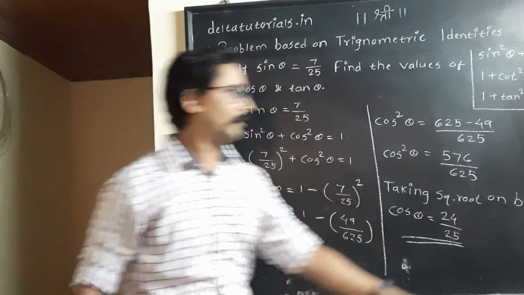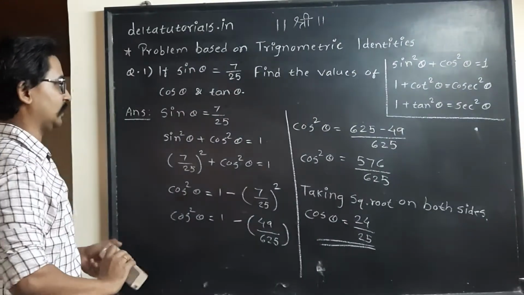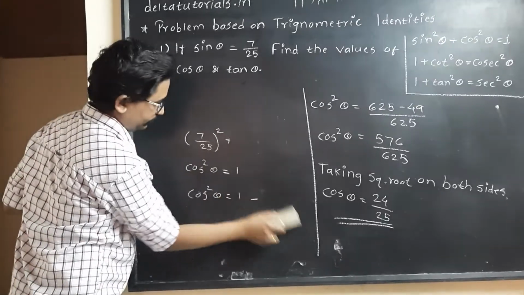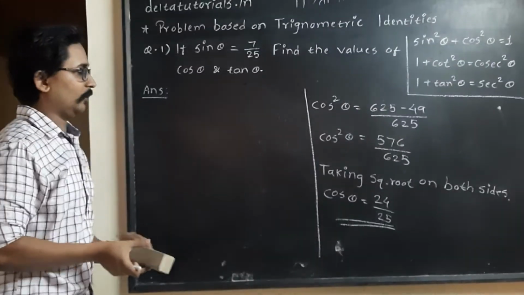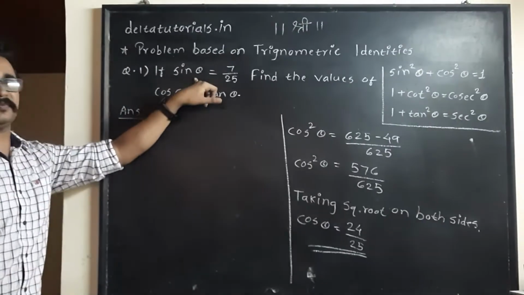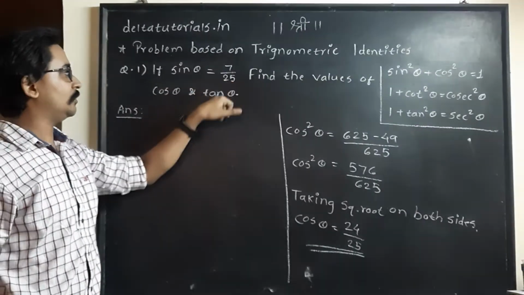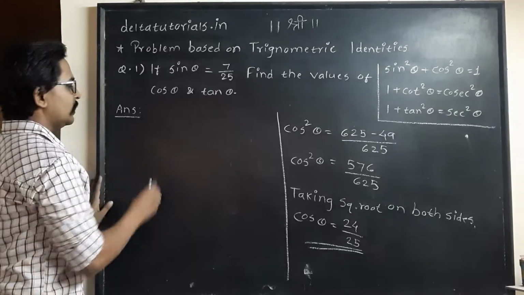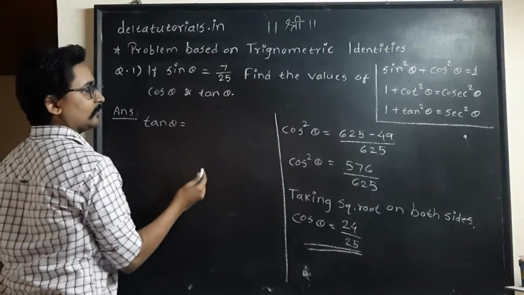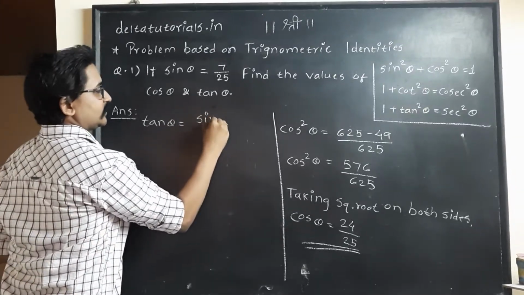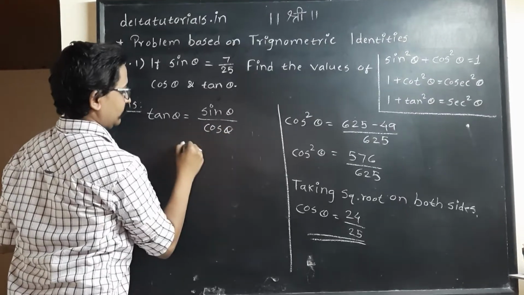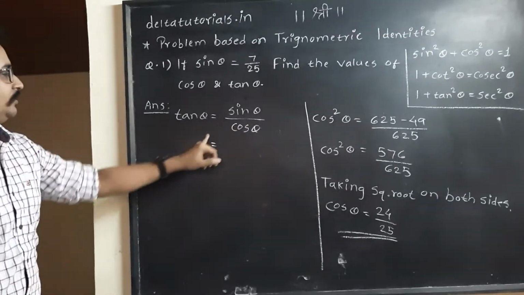Now we will find the value of tan theta similarly. So I am just roughing this side of the problem. Now we got the value of cos theta. Already we have the value of sin theta, which is 7 upon 25. To find the value of tan theta, we will use a simple formula, which is tan theta is equal to sin theta upon cos theta. We will simply substitute the values in this formula.